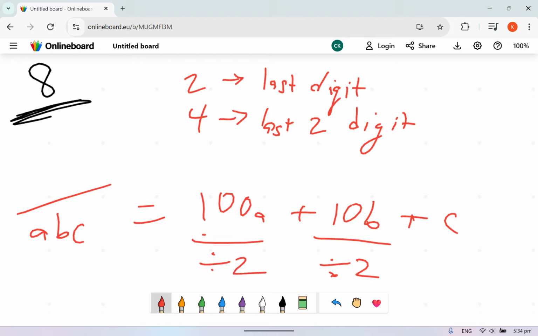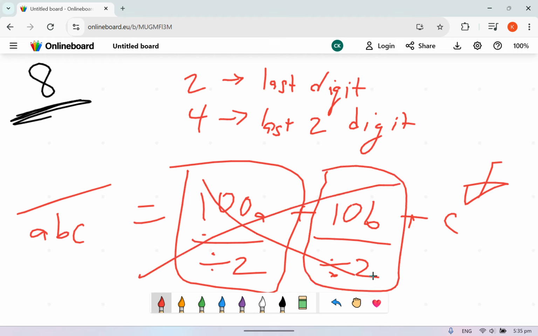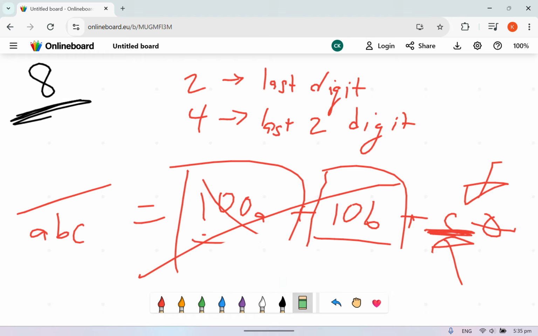So it's all up to this. I've actually explained this, but I'm going to explain it one more time. For the divisibility test for 2, we know this is divisible by 2, this is divisible by 2, so we don't have to care about it, we can completely ignore it. It's mainly just this. Is this divisible by 2? That's the question you have to ask yourself. So that's why you just look at the last digit.